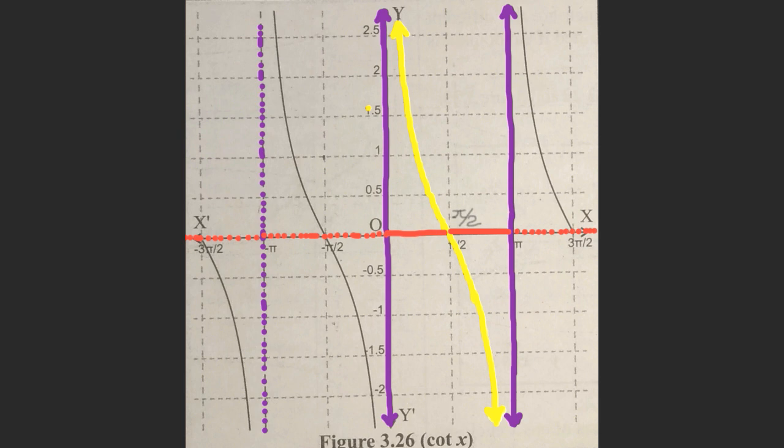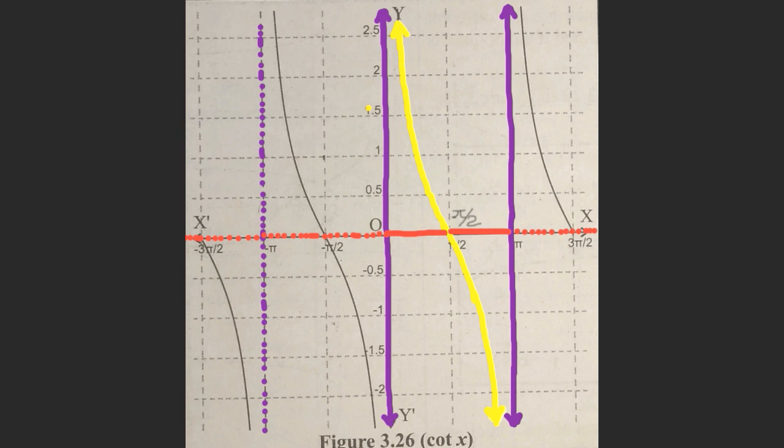Also, in the intervals to the left of y-axis, that is in intervals minus pi to 0, minus 2 pi to minus pi, minus 3 pi to minus 2 pi, etc. Therefore, the cotangent function is periodic and its period is pi.